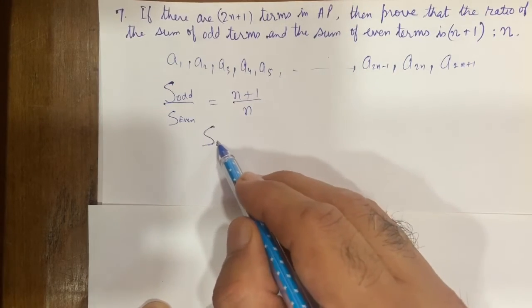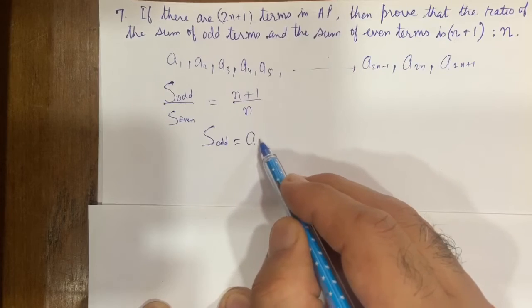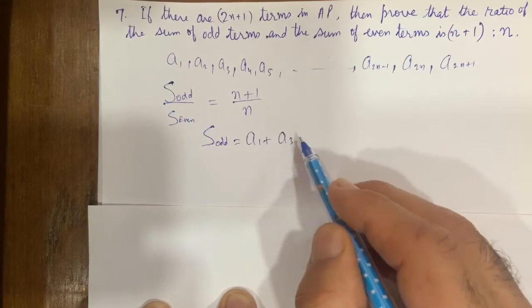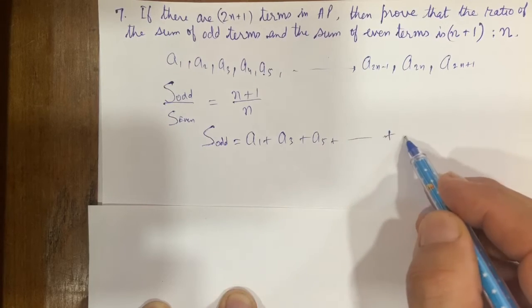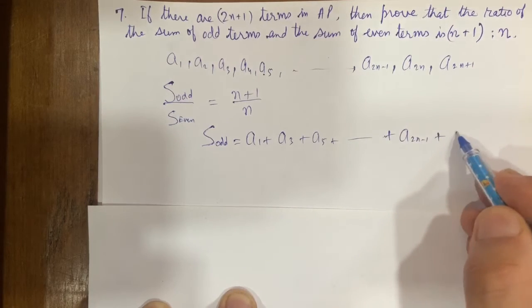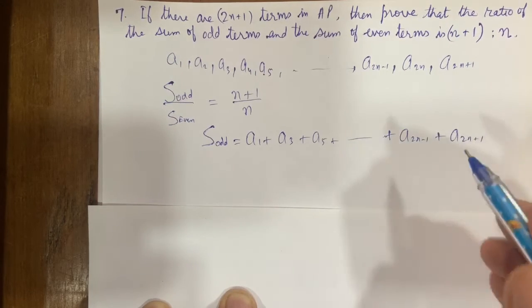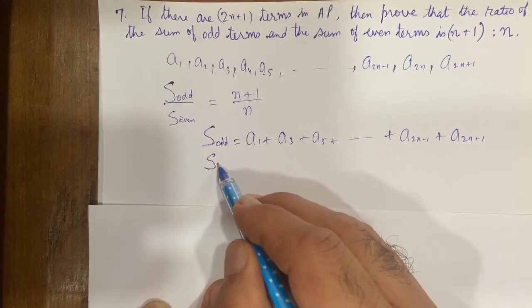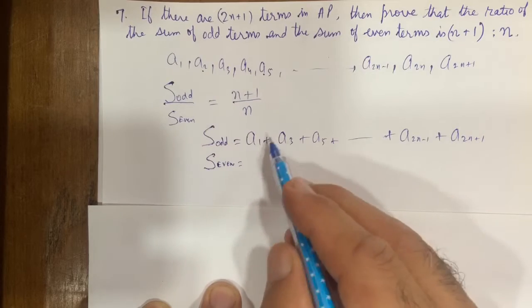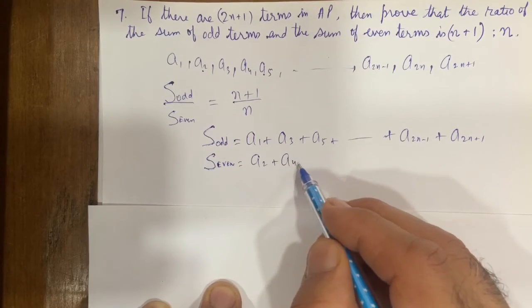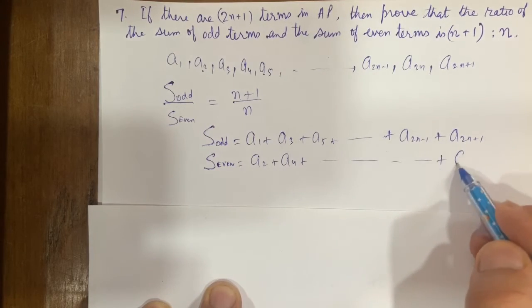So what is the sum of odd number of terms? This means a1 plus a3, next odd will be a5 and so on up to a2n minus 1, then 2n plus 1, and the sum of even, that will be second term plus fourth term and so on up to a2n.